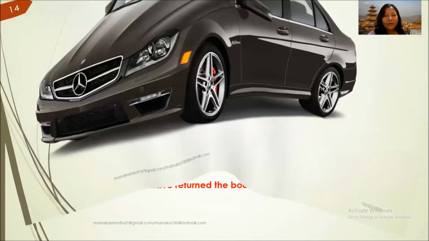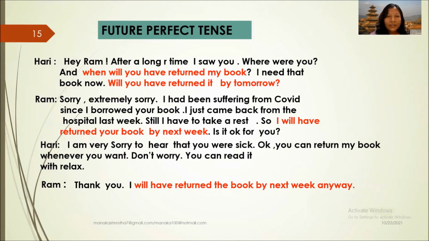Now here, this is the dialogue. This is the conversation between Hari and Ram. So read this conversation. You will understand the meaning of future perfect tense, because in this conversation you can find sentences using future perfect tense, both in statements and in questions.